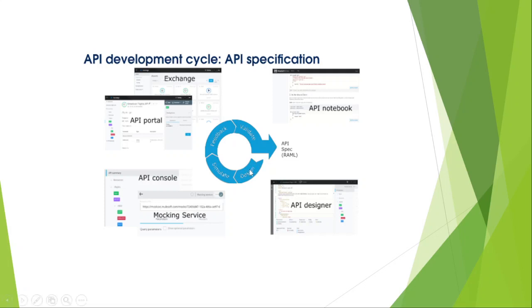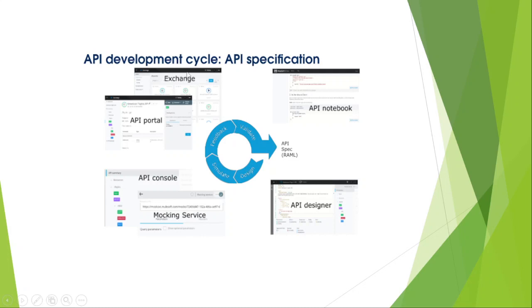Once the design is completed in the Anypoint platform using the API designer, and they are okay with the validation, then we are going to create the API specification RAML, and after that we are going to publish this API to the Anypoint Exchange.